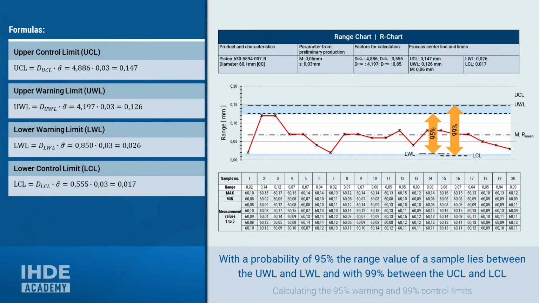Here is a brief explanation of what these limits mean. The warning limits UWL and LWL are such that the range of a random sample will lie between these limits with a probability of 95%. For the control limits, this probability is 99%.